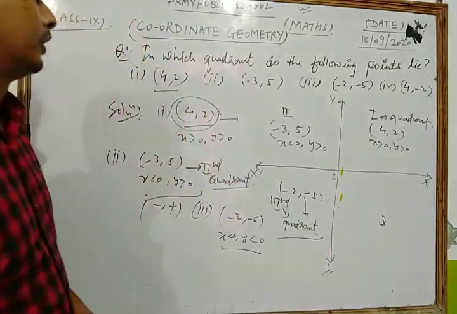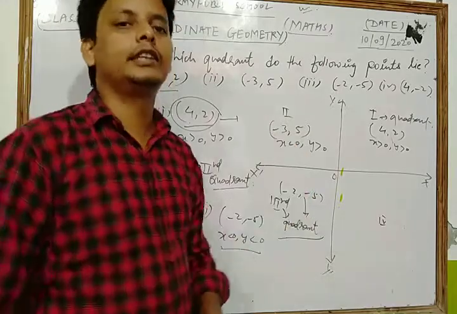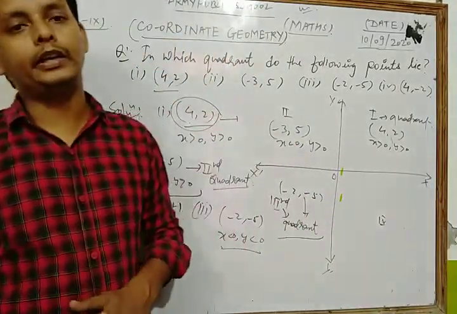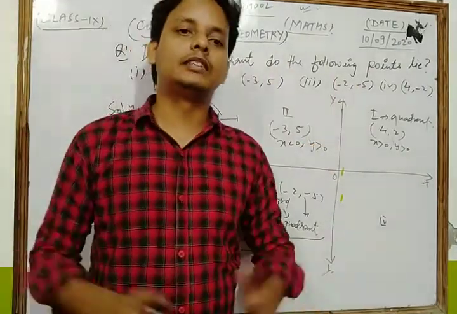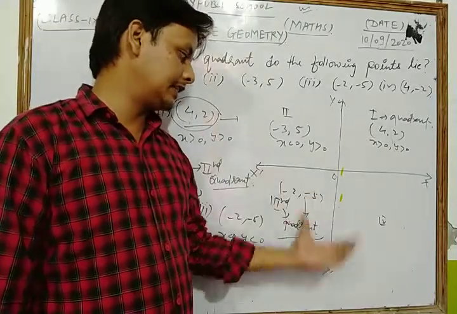Okay, as I just discussed, both the abscissa and ordinate are negative, so the point -2, -5 lies in the third quadrant.